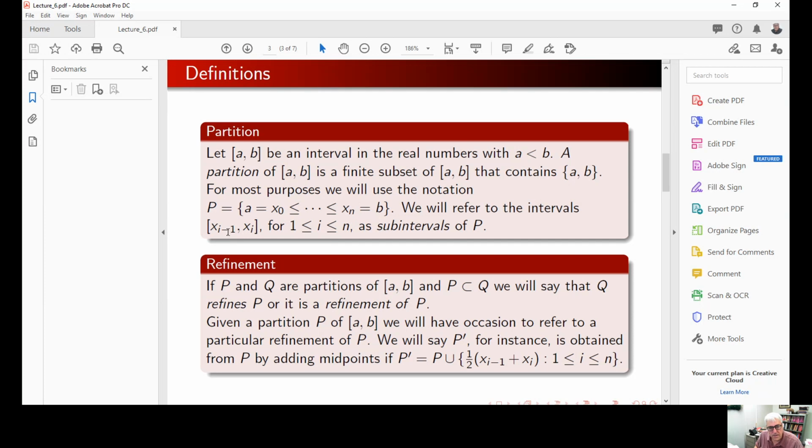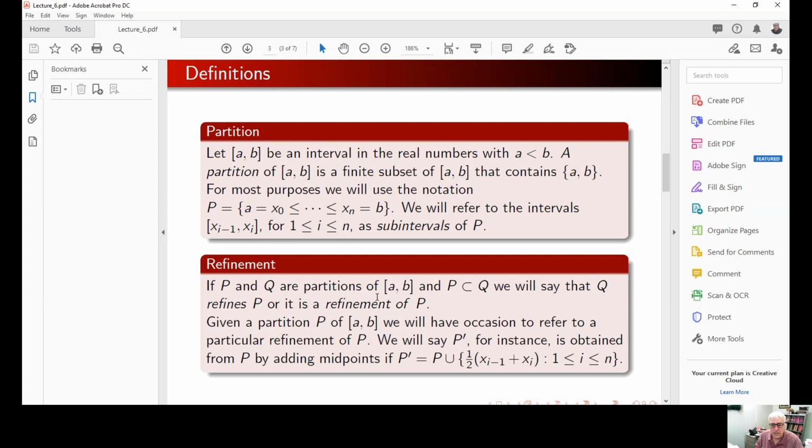So the interval from one point in my partition to the next point in the partition is going to be a subinterval of P. Now we have our partition. We can refine our partition, right? What does that mean? If P and Q are partitions of [a,b] and P is a subset of Q, we say that Q refines P, or it's a refinement of P.